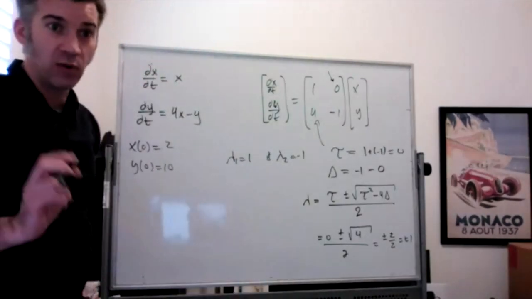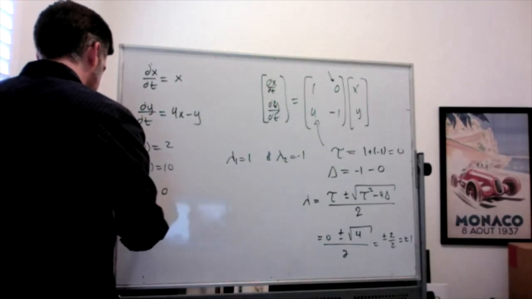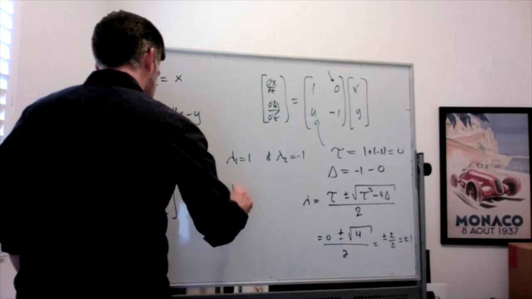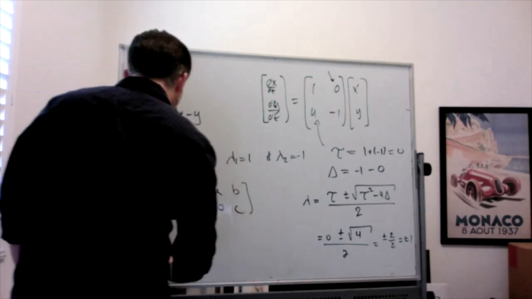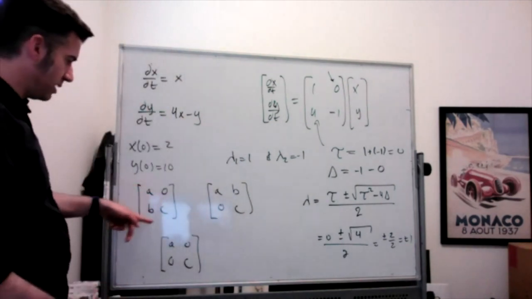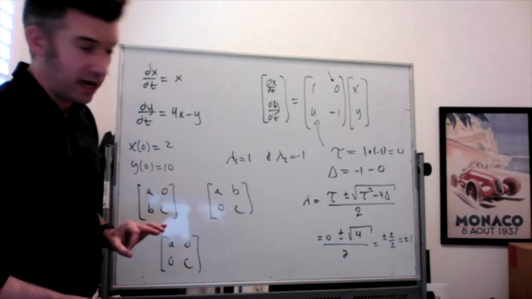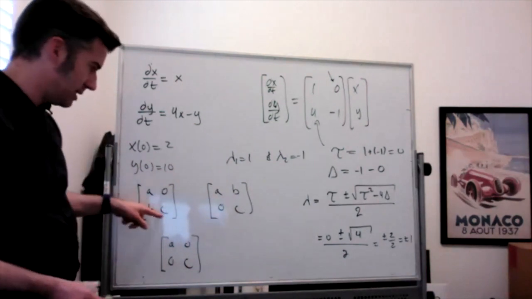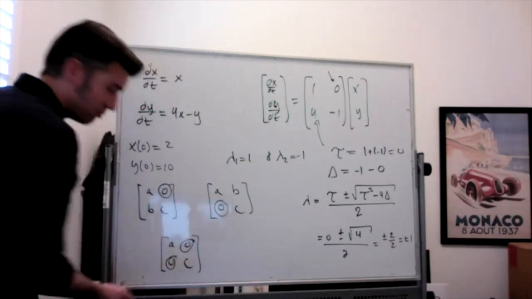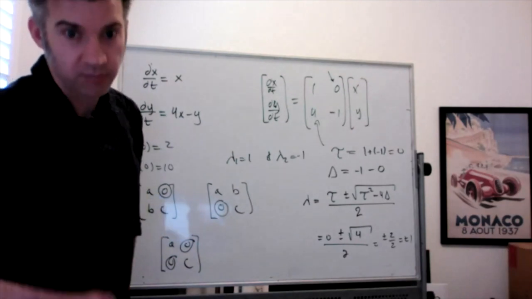So here are 3 matrices where I can read the eigenvalues: A, 0, B, C; A, B, 0, C; and A, 0, 0, C. All of these have the eigenvalues A and C. As long as this is 0 or this is 0 or both, the eigenvalues are just going to be the diagonal elements. Cool.